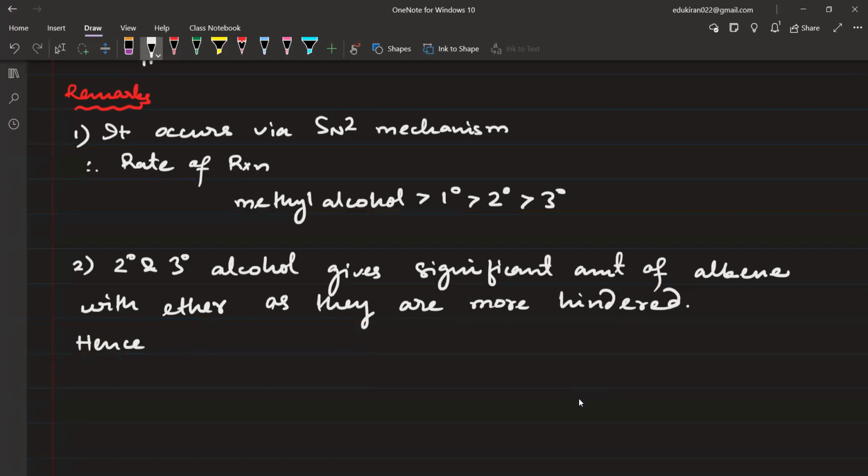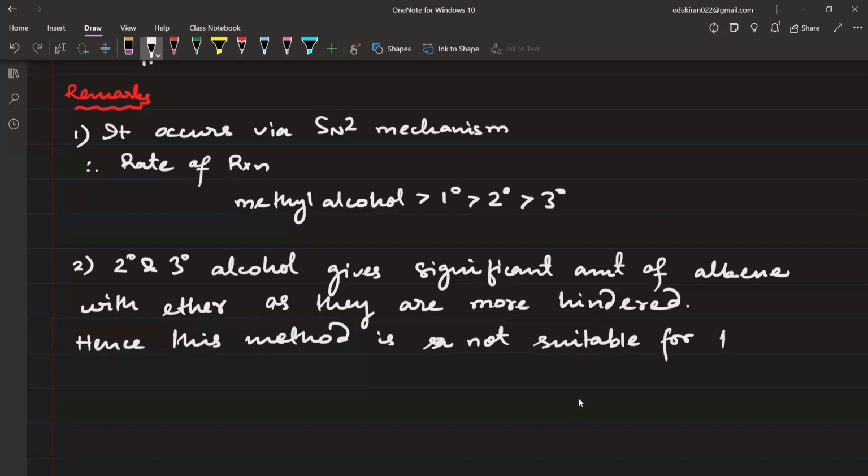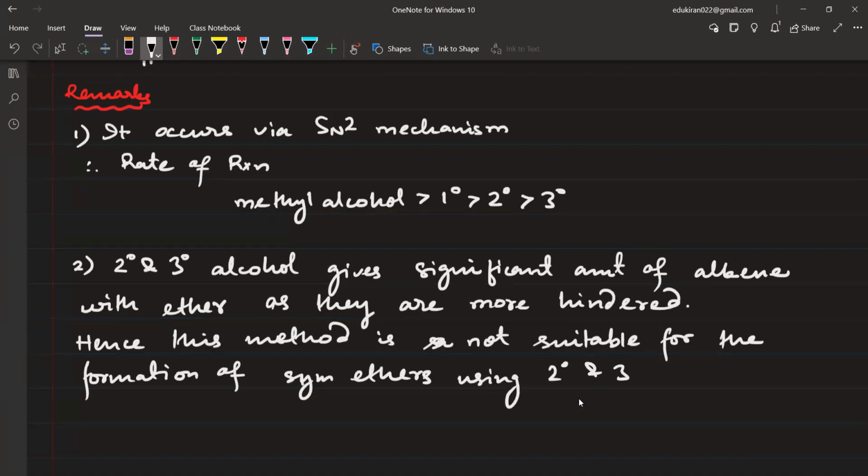Hence, this method is not suitable for the formation of symmetrical ethers using 2 degree and 3 degree alcohols.